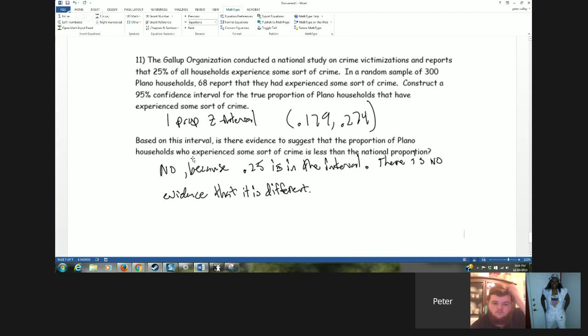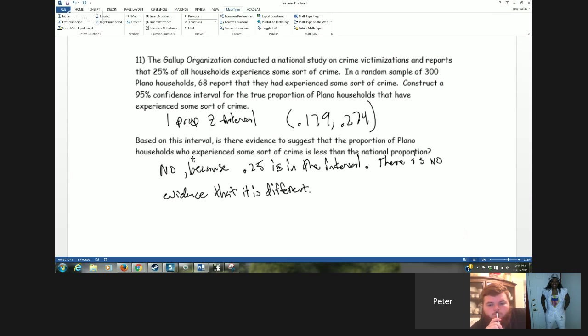The second question is asking, is there evidence to suggest that the households who experience crime is less than the national proportion? Okay, so what you're looking for is, is the national expectation still a possibility in this interval? Looking at your two numbers, is 0.25 still inside from the lower to the upper?